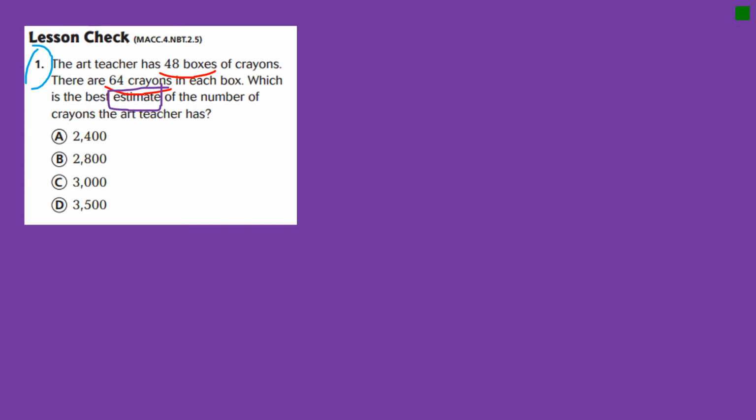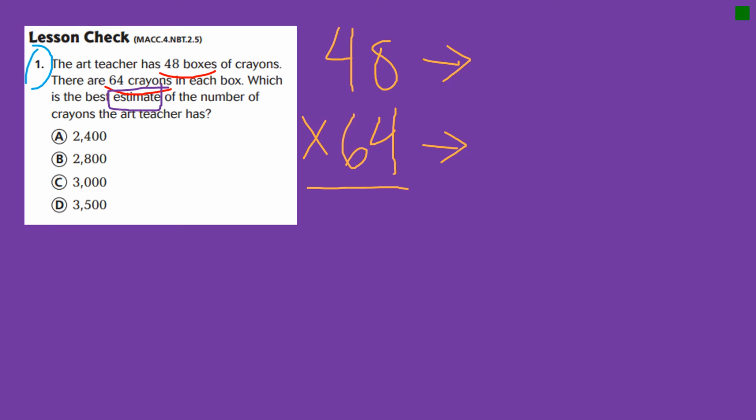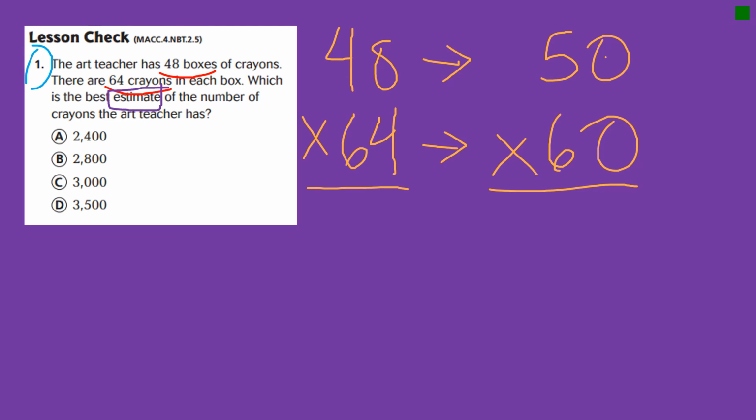Okay, so 48 boxes of 64. Let's use rounding as a way to get our estimate. Okay, 48 rounds to 50. 64 is closer to 60 on the number line. Okay? Now don't forget, guys, when you have these zeros, you can just do the basic fact. You don't have to be like 0, 0, 0, 0, 0, 0.